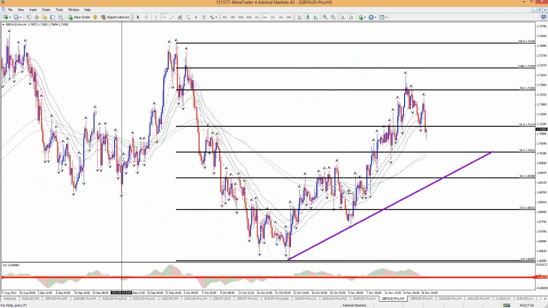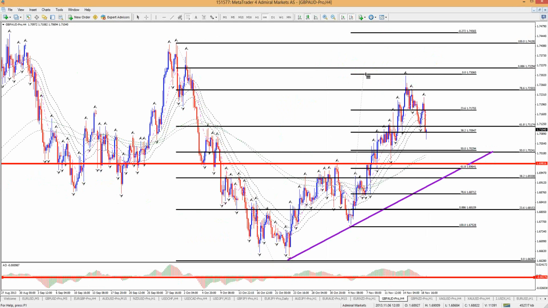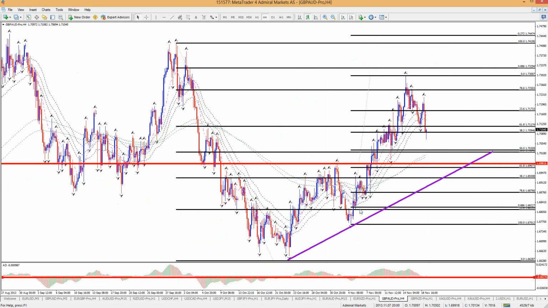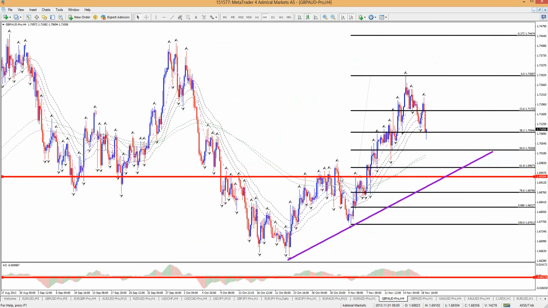If that is true, then we should expect a bounce at the 382 here, right now, or at the 50. At maximum, probably the 618.